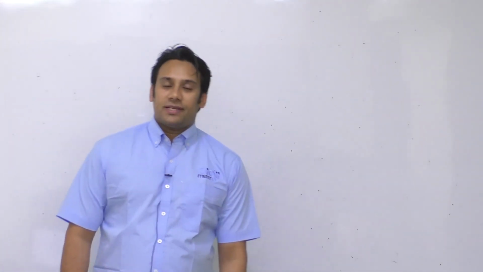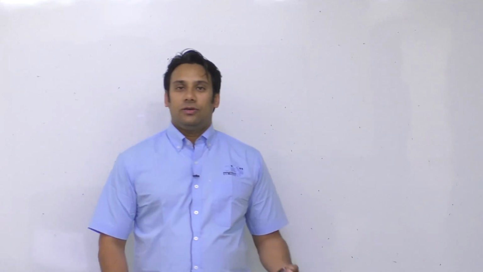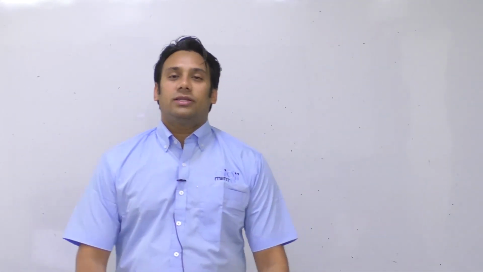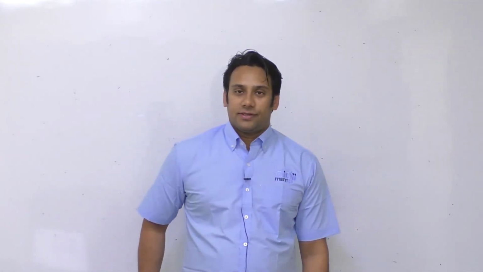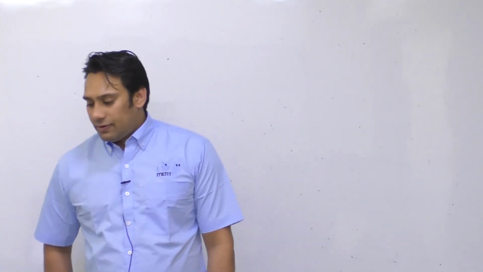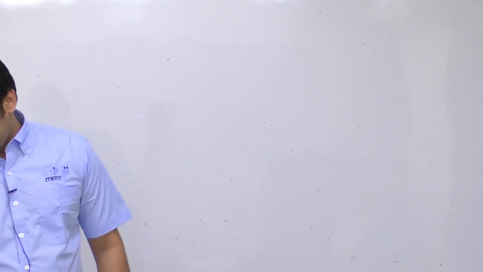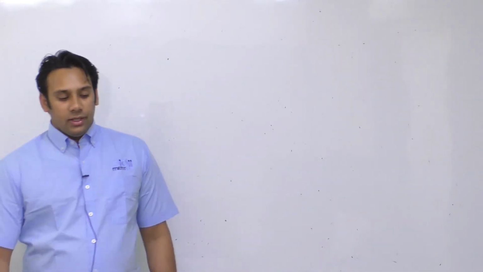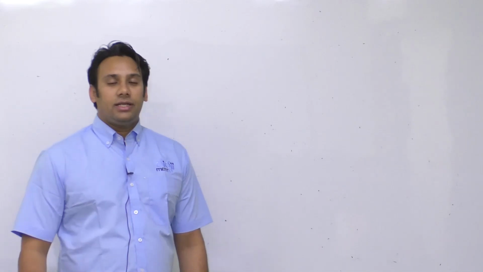In the previous sessions we have already discussed what NFAs are, what DFAs are, the conversions between NFAs and DFAs, and the difference between an NFA and a DFA. In this class we will discuss one more category of finite automata, which is epsilon NFAs.